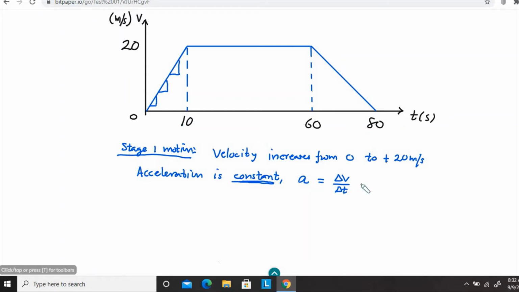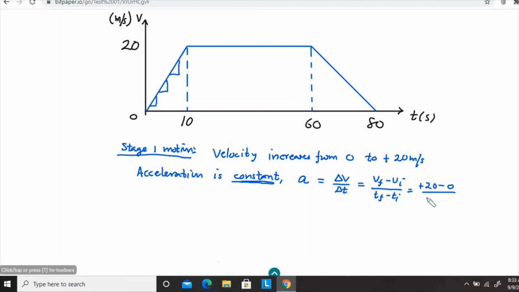So now we can find the instantaneous final velocity minus the instantaneous initial velocity, and the corresponding times, t final minus t initial. You can see v final is plus 20, v initial is 0 because the motion starts at 0.